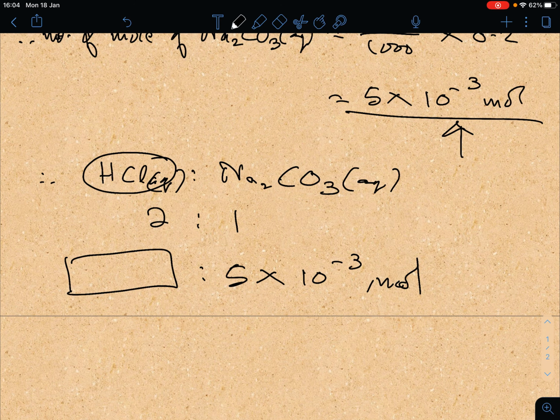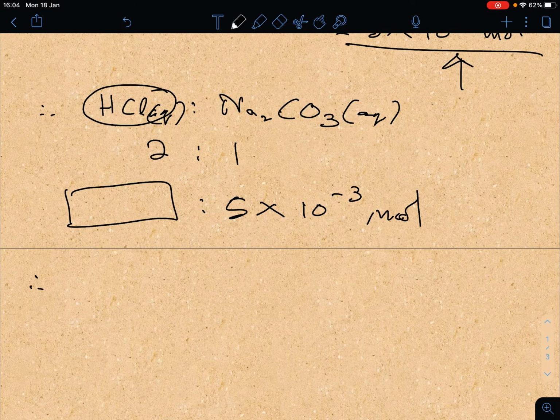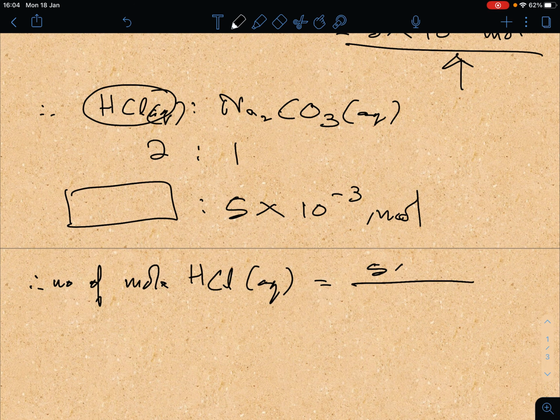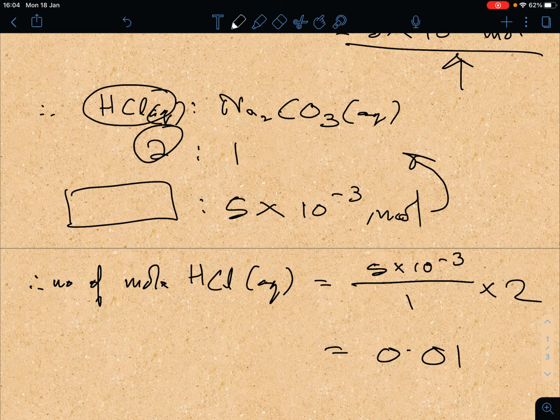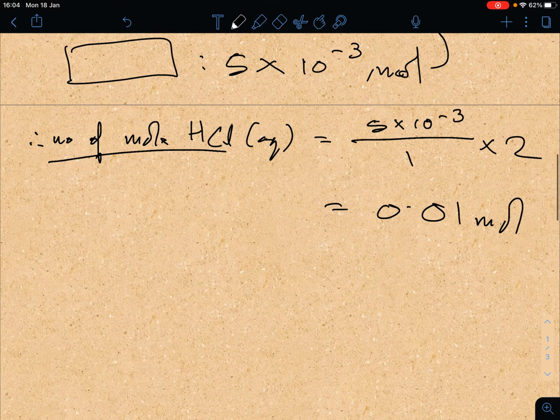Therefore the number of mole of HCl will be 5 times 10 to the power of negative 3 divided by 1, multiplied by 2. That will give you 0.01 mole. That will be the number of mole of hydrochloric acid used.